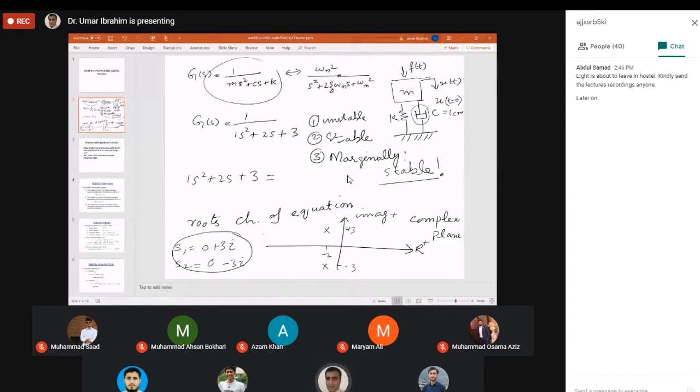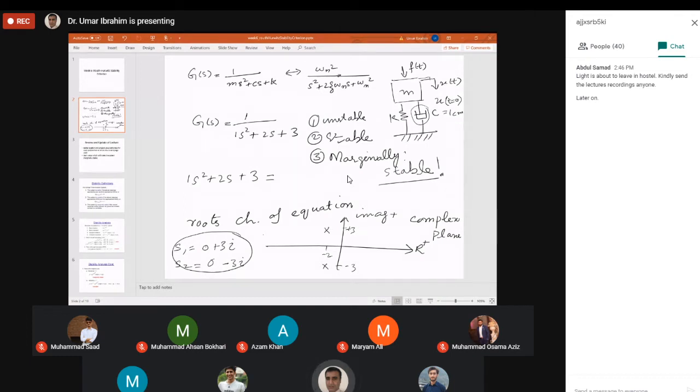But what if you don't have the physical system to test it? You only have the mathematical equation or the transfer function of the physical system. Then how can you tell whether the system is stable, unstable, or marginally stable? The answer is that you find the roots of the characteristic equation, which are also known as poles.